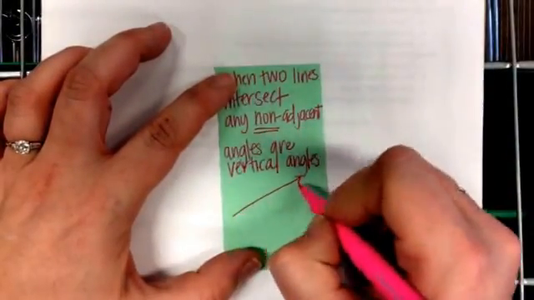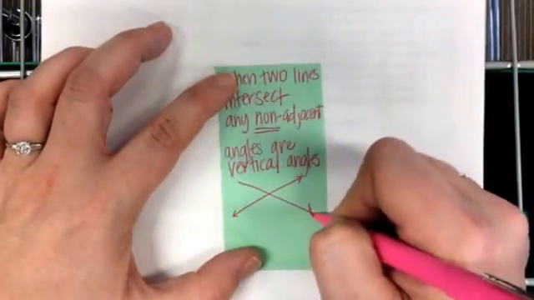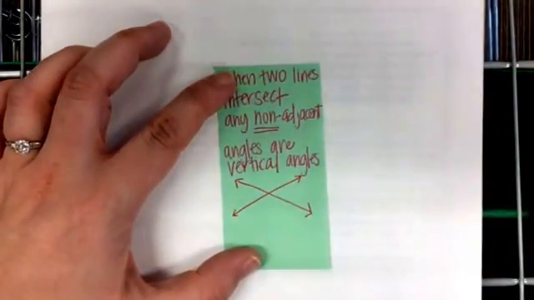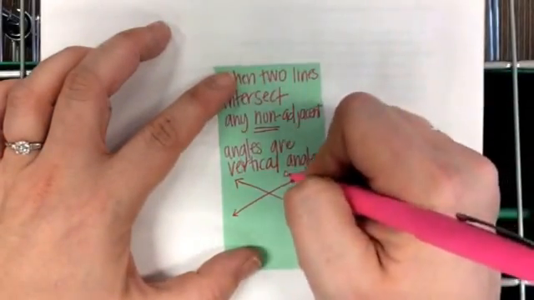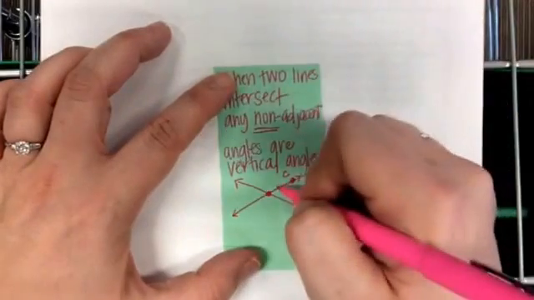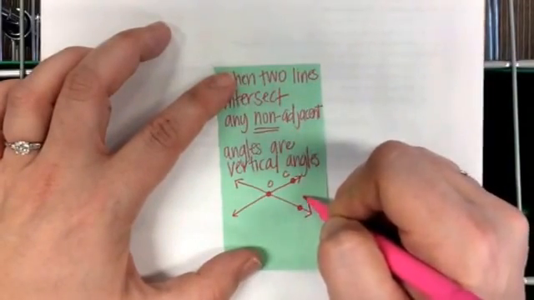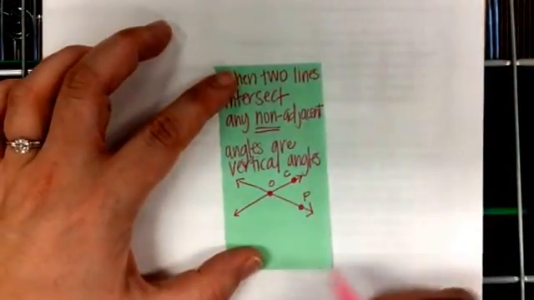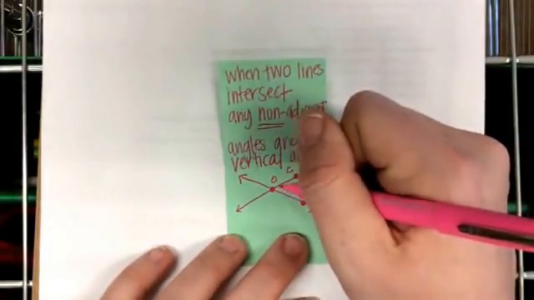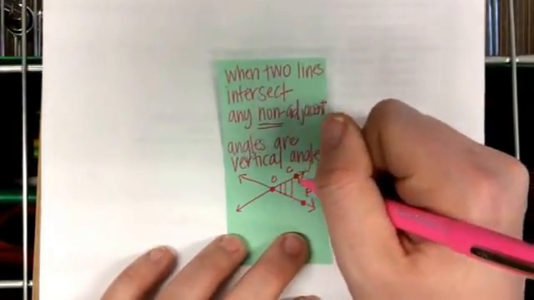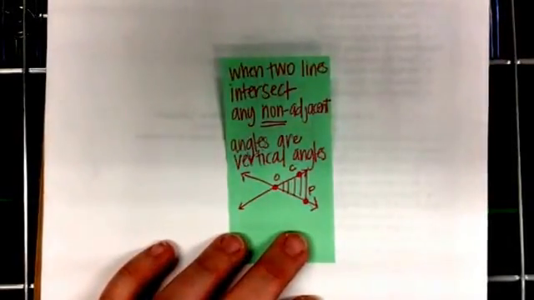So let's look. Here's a line. And here's a line. If I was going to name this COP, what is adjacent, or what's not adjacent to it?